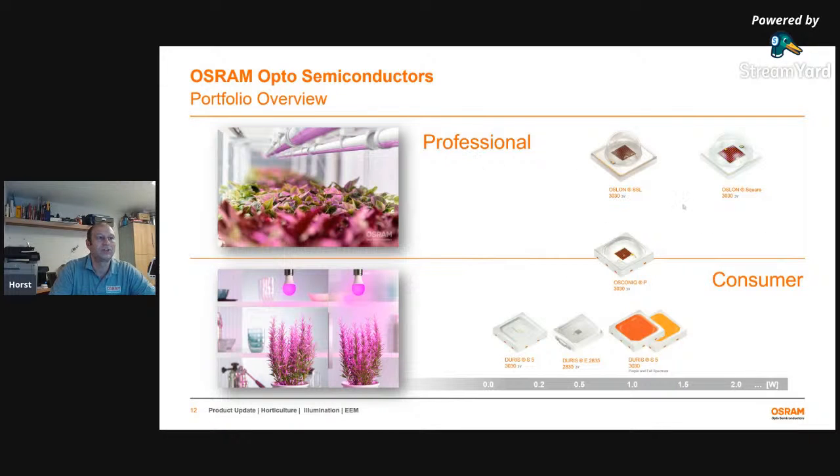The professional approach is based on a very robust LED that we have from former times and know very well, also for this application where we have quite harsh conditions. In a greenhouse, you have humidity, temperatures, maybe some other gases caused by the ground, and those LEDs have to survive.